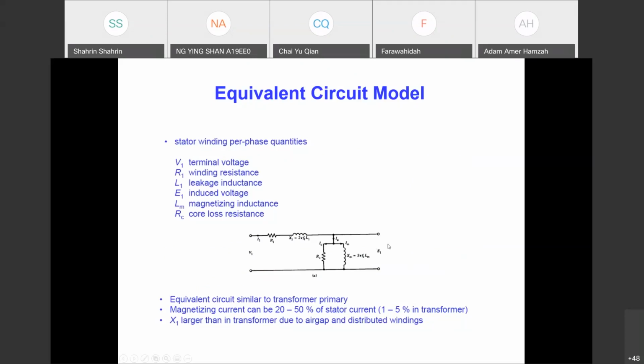But there's a difference: for the motor, the stator magnetizing current IM is actually 20 to 50% of the stator current, unlike the transformer, which only uses 1 to 5%. So the IM is very big, and X1 is also very large compared to the transformer.